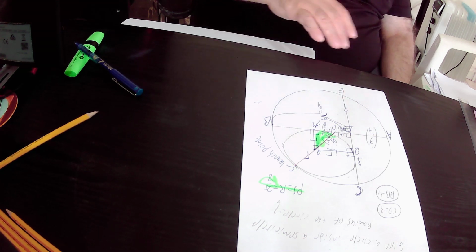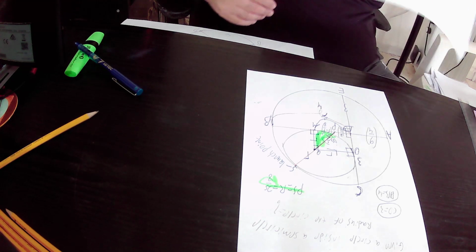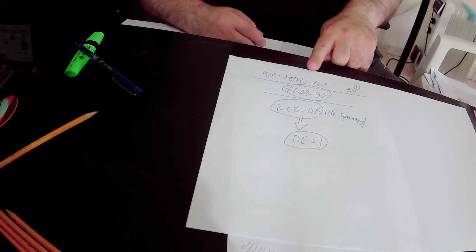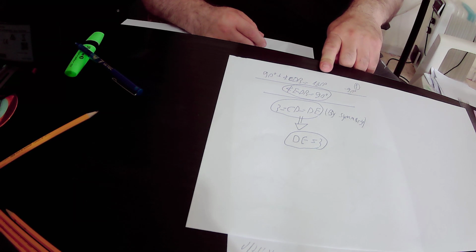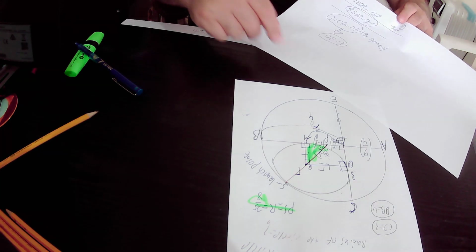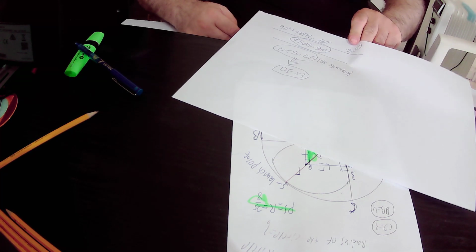So 90 degrees plus the size of angle EDB must equal 180 degrees. We subtract 90 degrees and get that the missing angle EDB equals 180 degrees minus 90 degrees, which is 90 degrees. So angle EDB equals 90 degrees.